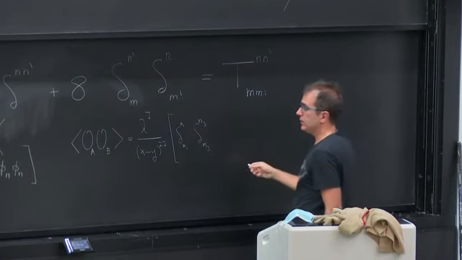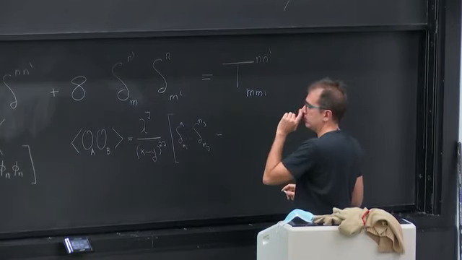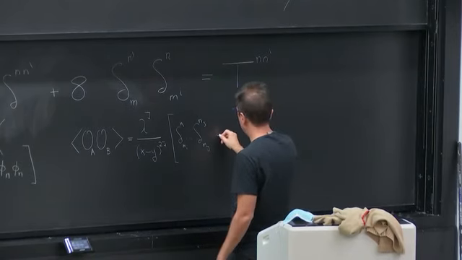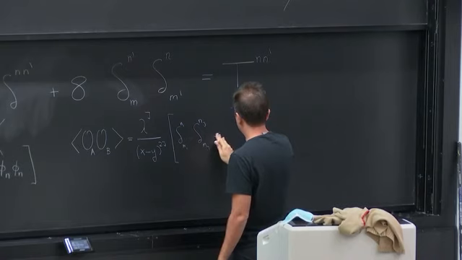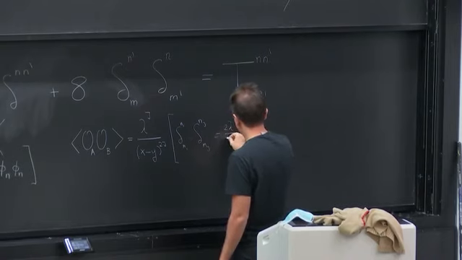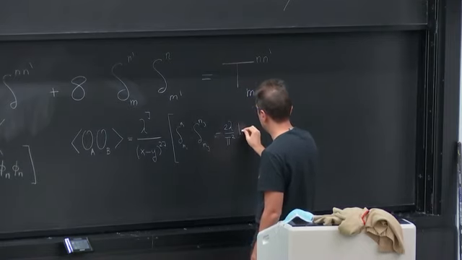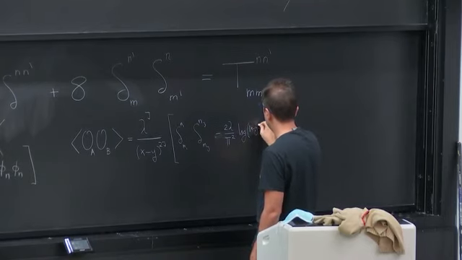And then there is some minus, okay, or maybe plus, doesn't matter, plus or minus 2 lambda over pi square times some logarithm of x minus y squared divided by epsilon squared.